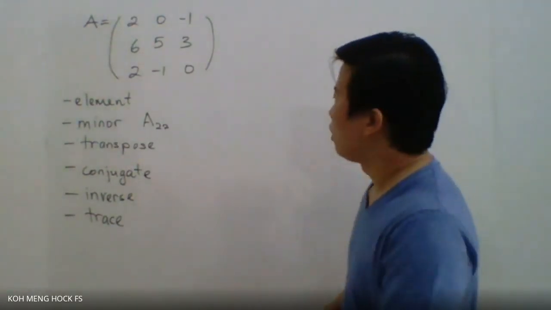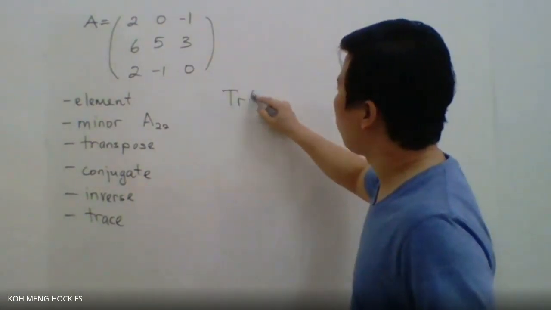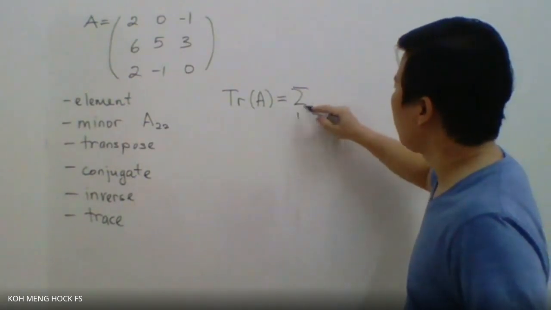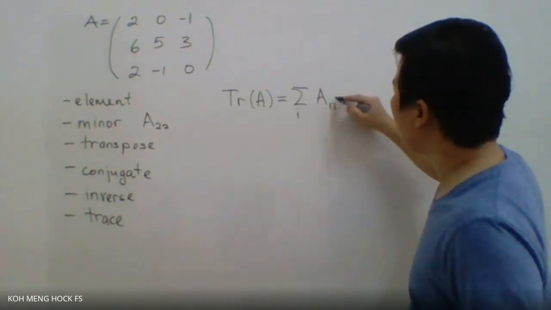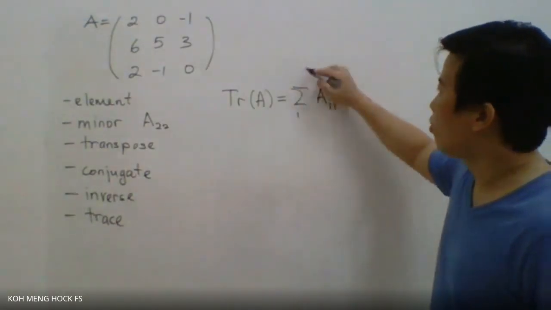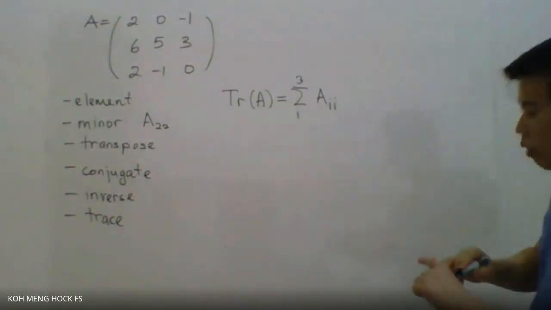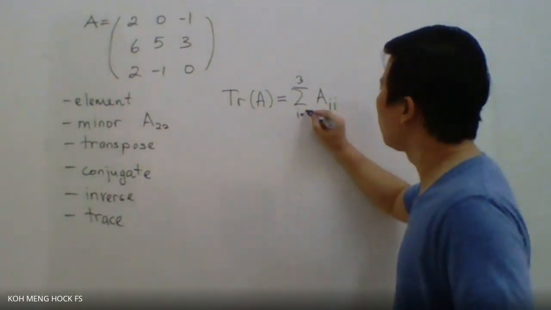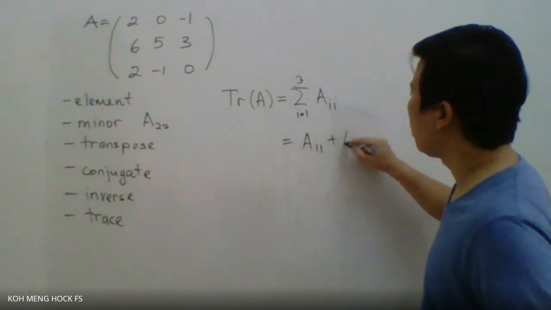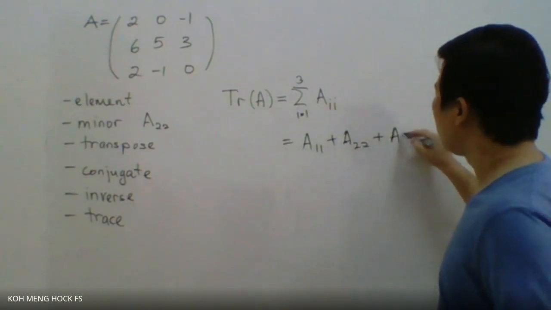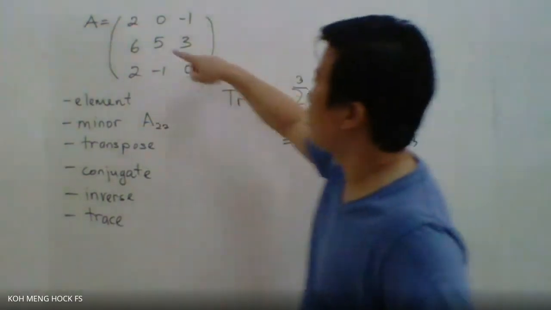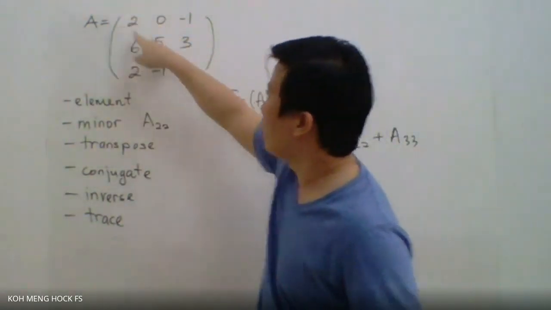The trace of A means that I will sum over i. Let's say this is a 3 by 3 matrix, so I will sum it from 1 to 3. This means I take A11 plus A22 plus A33, right? And this is simply the sum of the diagonal elements.